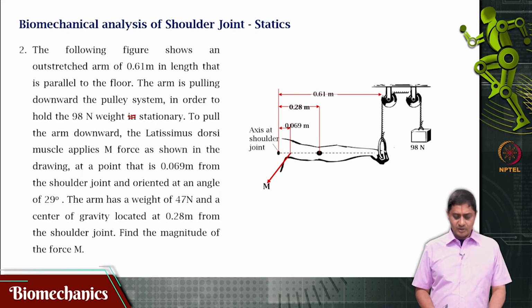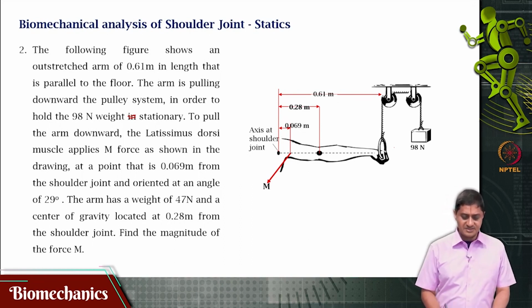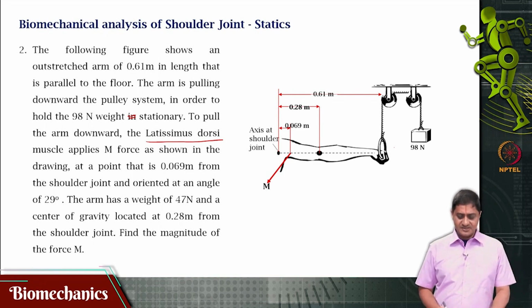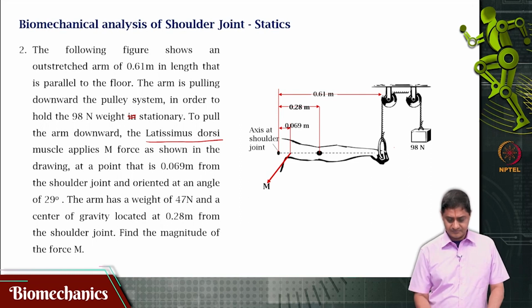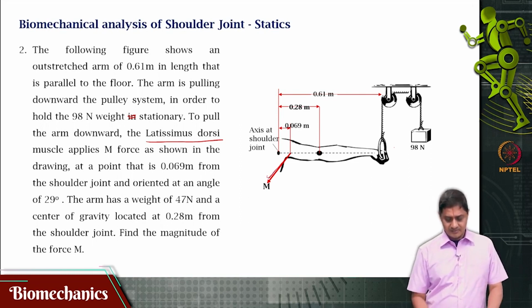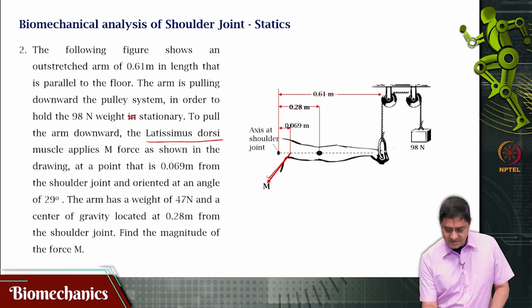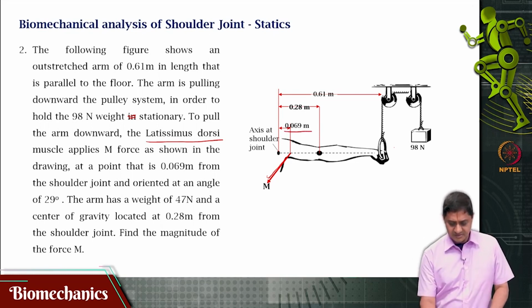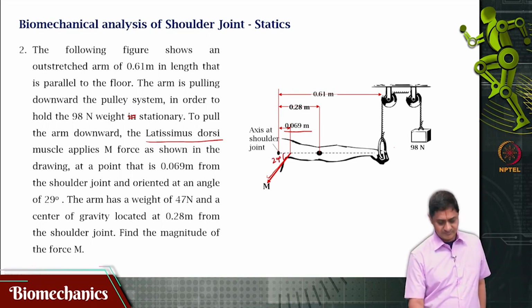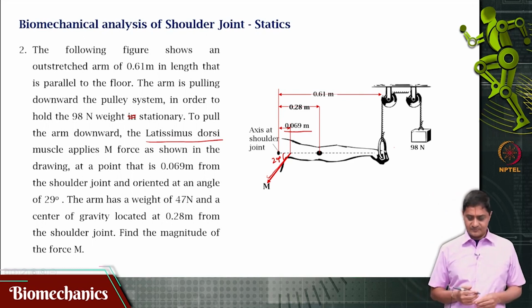To pull the arm downward, the latissimus dorsi muscle applies force as shown in the figure. It is applying a force like this at a point that is 0.069 meters from the shoulder joint and at an angle of 29 degrees to the horizontal.